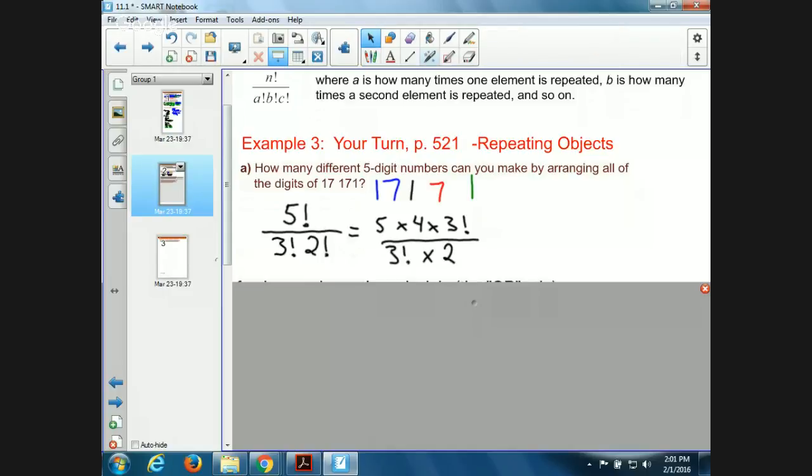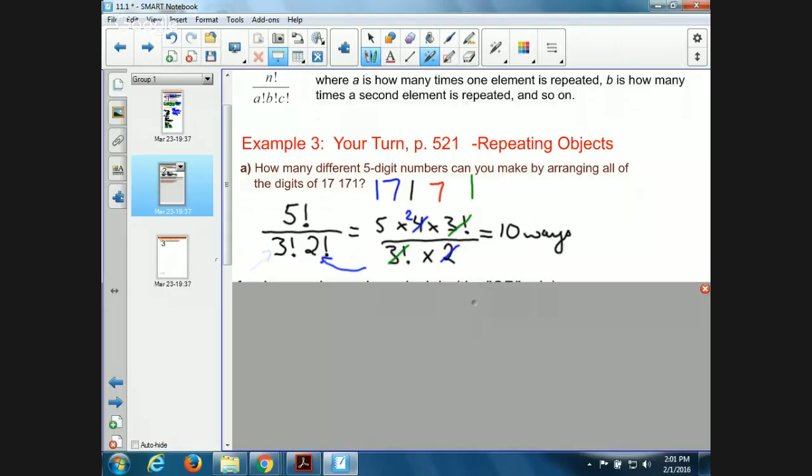I can cross out 3 factorials. I can cross out a factor of 2, divide the 2 here. I've got 5 times 2 on the numerator. That's just 10 ways, when you take into account that there's repetitions. 1 is repeated 3 times. That's why we did this. The 7 is repeated 2 times. That's where that came from.